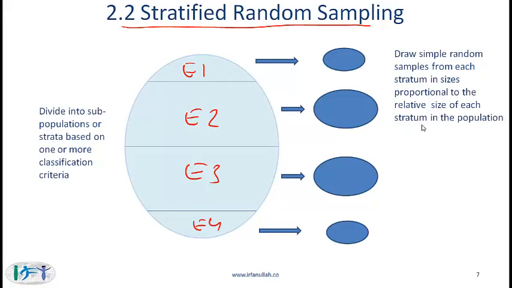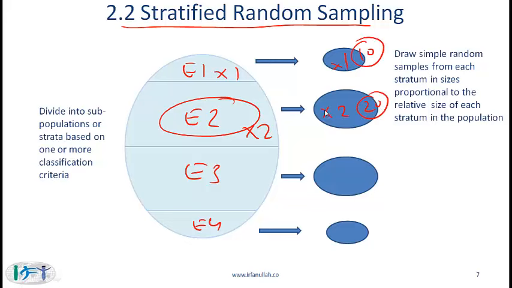In other words, if exchange 2 is 2 times bigger than exchange 1, then clearly the random sample that you draw from exchange 2 must be 2 times bigger than exchange 1. So here you might have 20 stocks. Here you would pull a sample of 10, and so on.